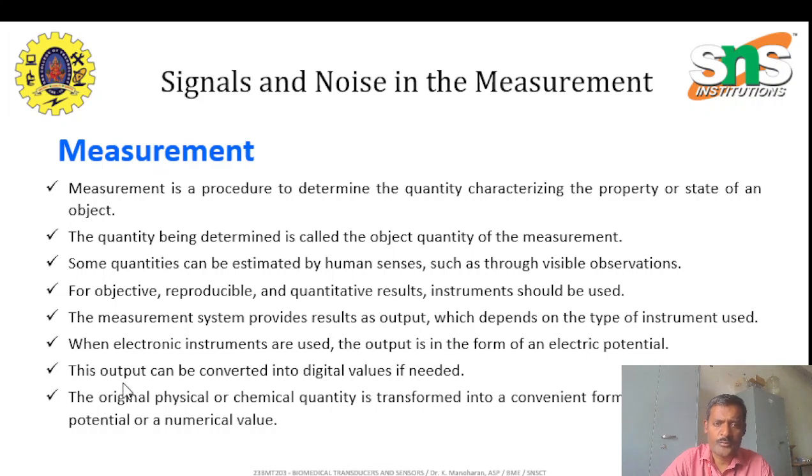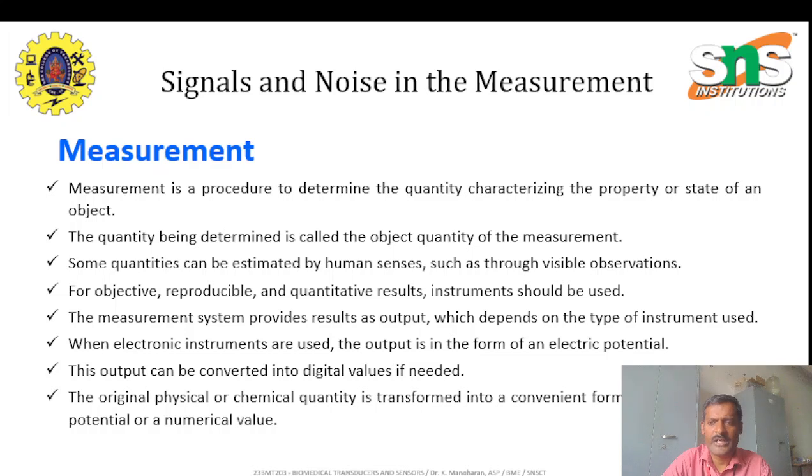Again, the measuring system provides the result as an output, which depends on the type of instrument used. If electronic instruments are used, the output is in the form of electric potential. So whatever output we are going to measure in terms of voltage or current, we need to use an electronic instrument. Electronic instruments produce outputs in terms of electric potentials. The output can be converted into a digital value if needed.